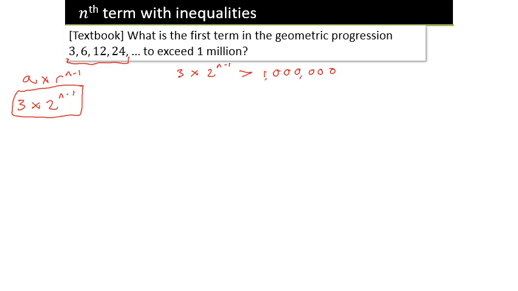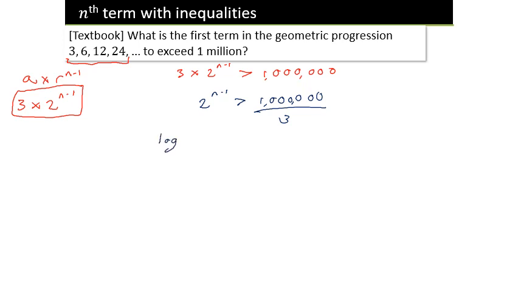And now this is an equation that we can go about solving. So first step, let's divide by 3. Okay, now we've got that. To solve this sort of equation, we are going to need to use logs. So we can log both sides of our equation now.